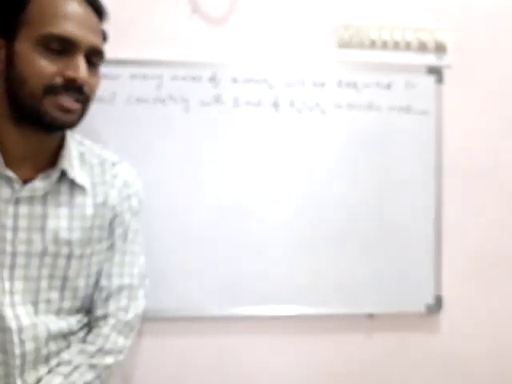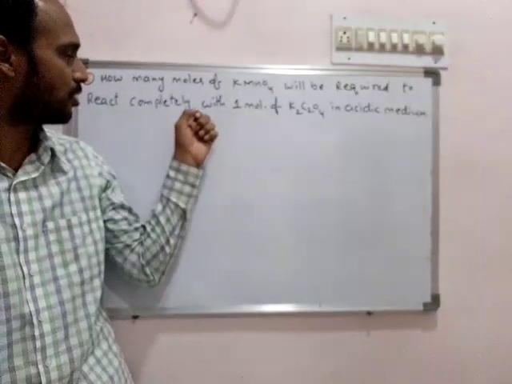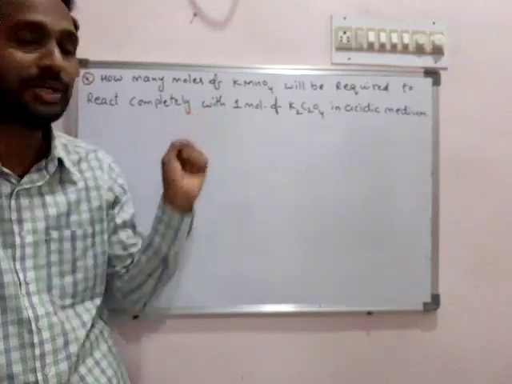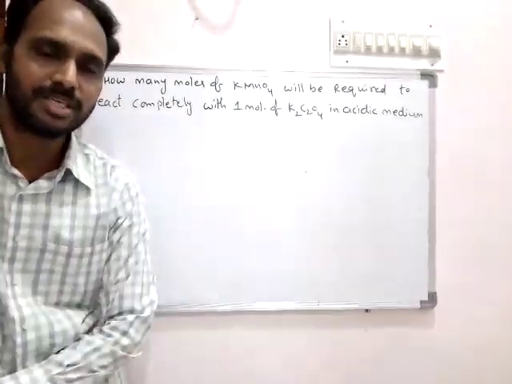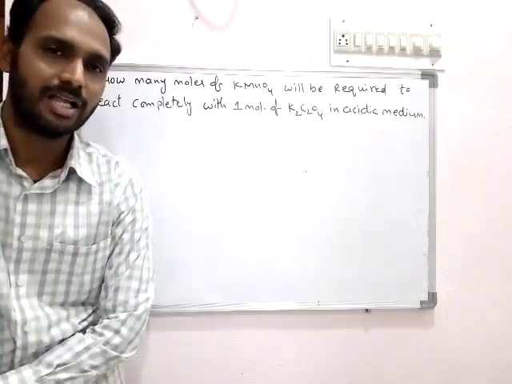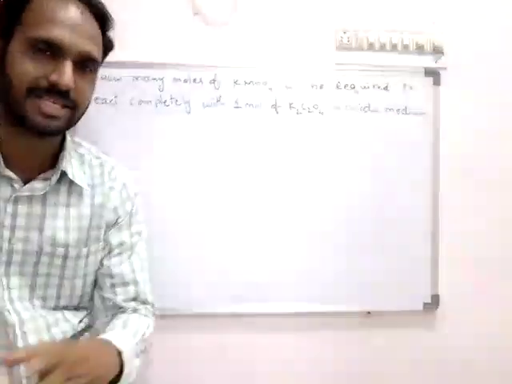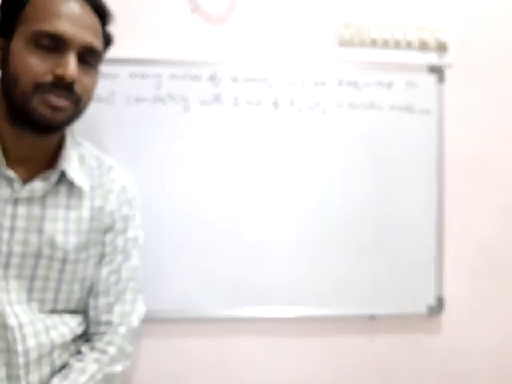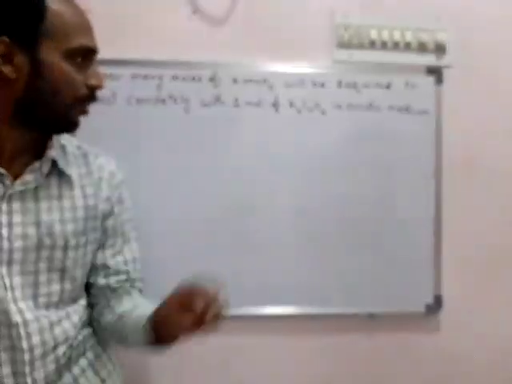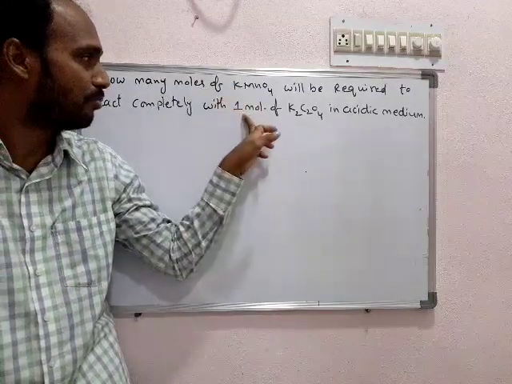For any complete reaction, we can compare the milli equivalents. Their milli equivalents must be equal for the completion of the reaction. But here it is not given in terms of volume. When volume is given, then only we can equalize their milli equivalents, that is N1 V1 equal to N2 V2. But here it is only given in number of moles.